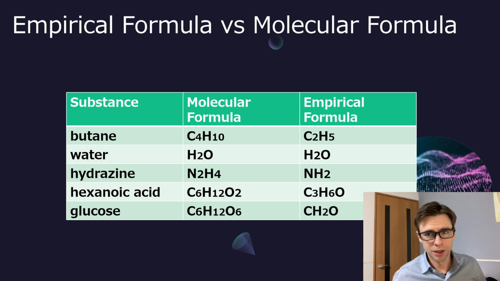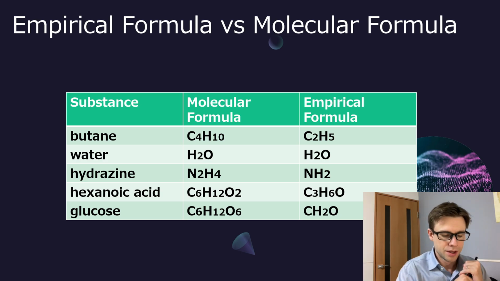So why do we really care about the empirical formula then? Well, when you do chemical analysis, say you put your sample in some instrument, maybe a bomb calorimeter or some kind of chromatogram, what it will often spit out is the percentages by mass of each element that was contained in the molecular formula.